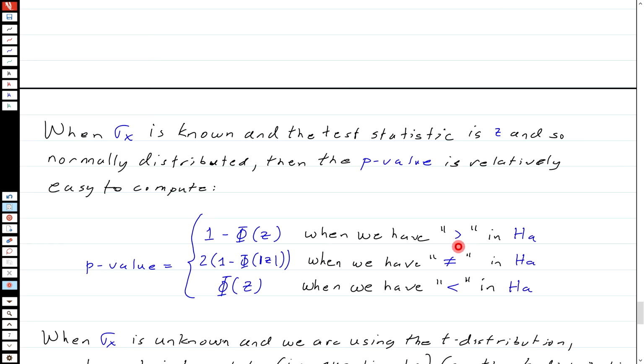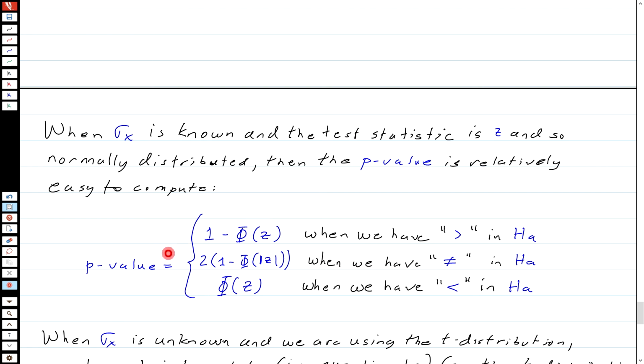If sigma x is known, and the test statistic then is z, which is normally distributed, then the p-value is relatively easy to compute. We compute a test statistic z from our test, just as we did before. Something minus something over something gives us a value.